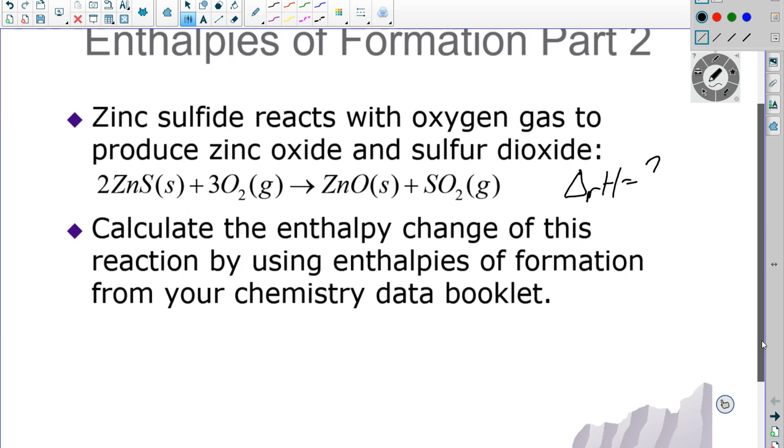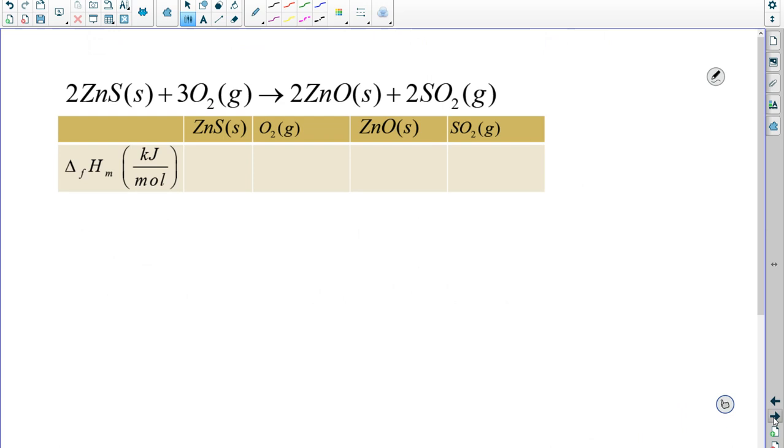It also happens to be that we could call it delta CH because this is a combustion reaction to the most common oxides. So obviously I didn't give you chemical reactions, so we know we're going to do this with heats of formation. Let's go to the data booklet and fill in the heats of formation for the following compounds: zinc sulfide, zinc oxide, and sulfur dioxide.